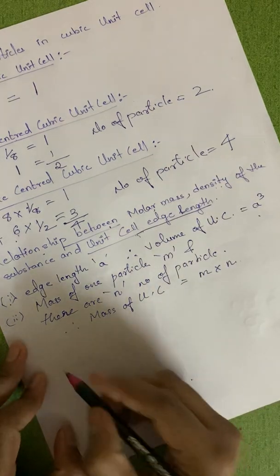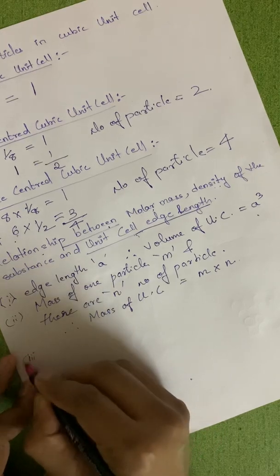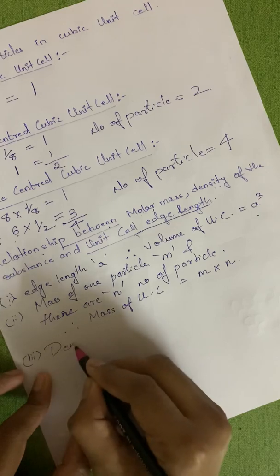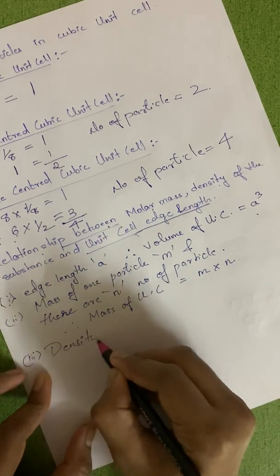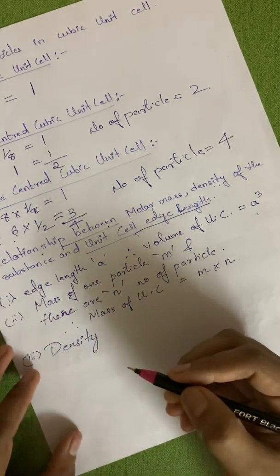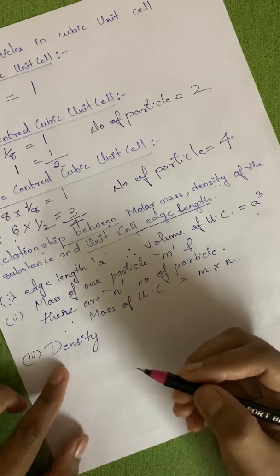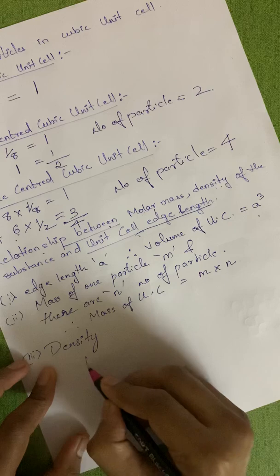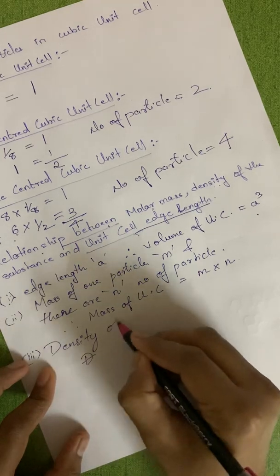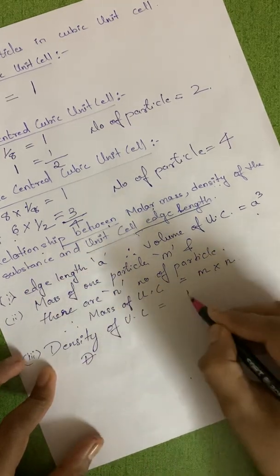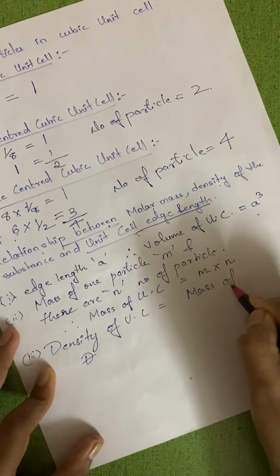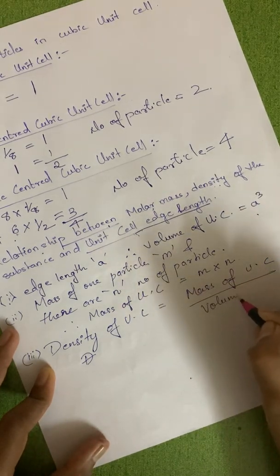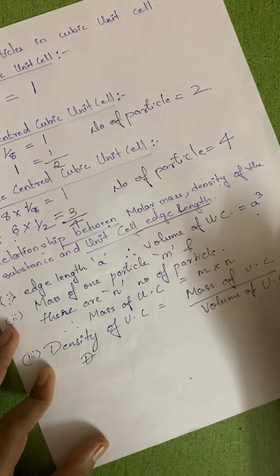Now the next one, talking about density. Density is given by mass of unit cell upon volume of unit cell.